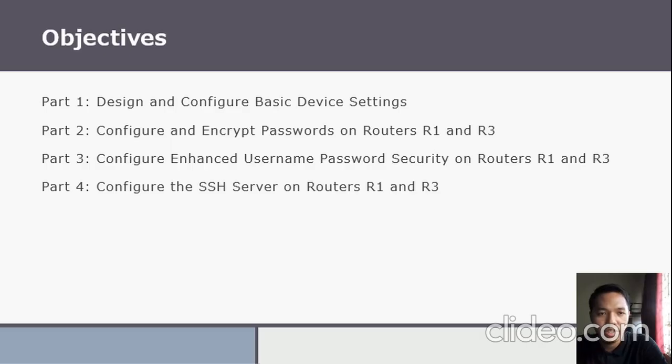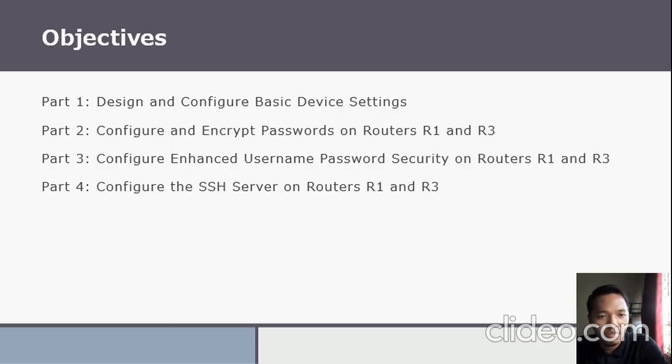So for the next part is part 2, we will configure and encrypt password on routers R1 and R3. So in this part, we will secure the password to make sure it will not be used for unauthorized person. And then for the part 3, we will configure enhanced username password security on routers 1 and R3.